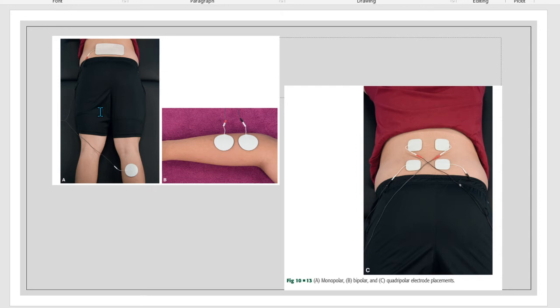So this is an example of an electrode configuration. This is the monopolar.